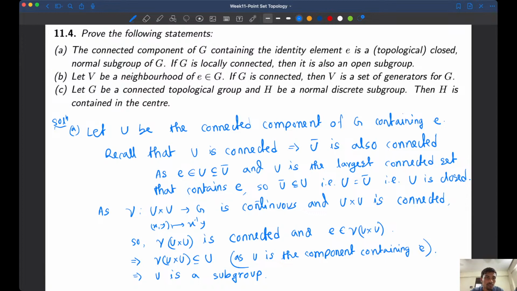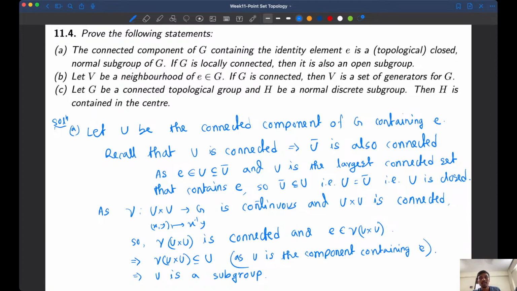And for the next part, suppose G is a connected topological group and H is a discrete normal subgroup of G, then H is contained in the center. The center means all the elements of G which commute with all other elements.